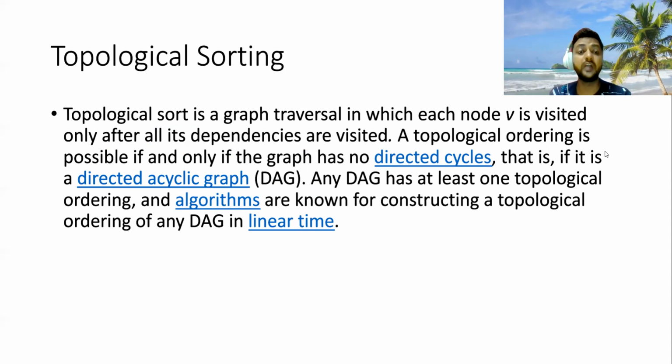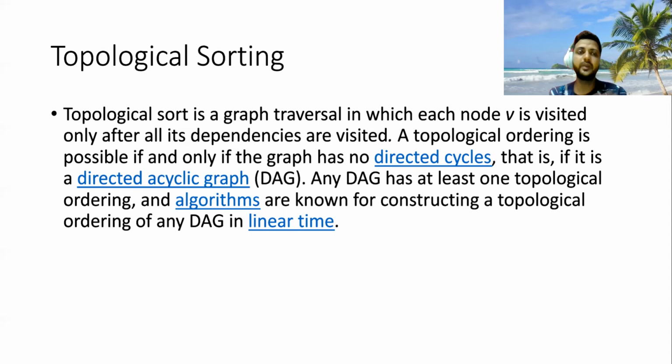And if it is a directed acyclic graph, also known as a DAG, any DAG has at least one topological ordering, and algorithms are known for constructing a topological ordering of any DAG in linear time. So there are 2-3 points here.